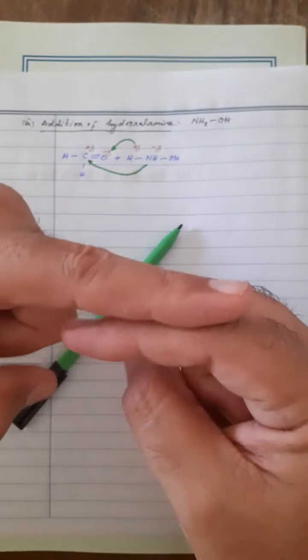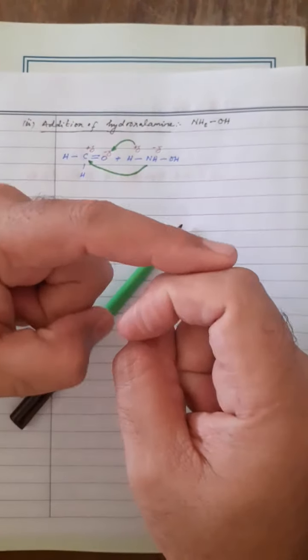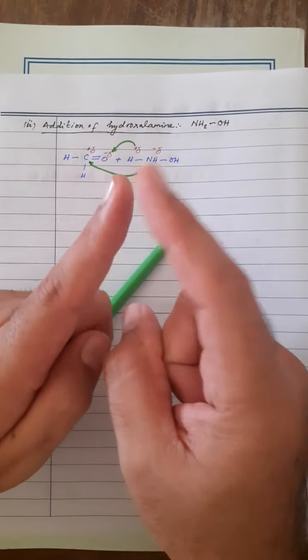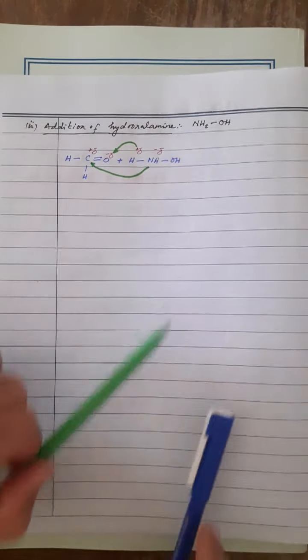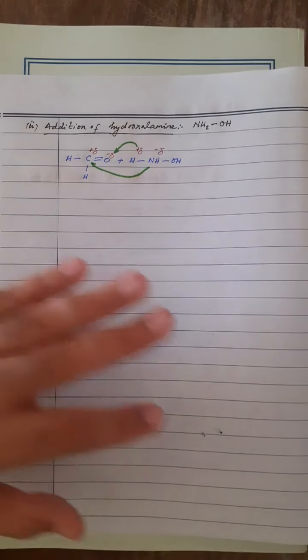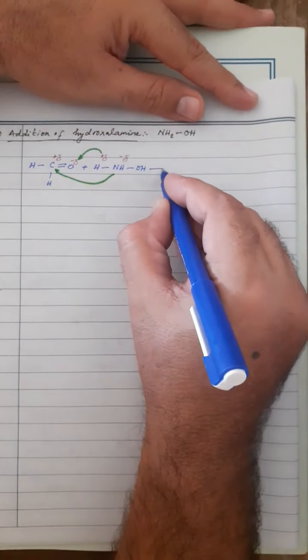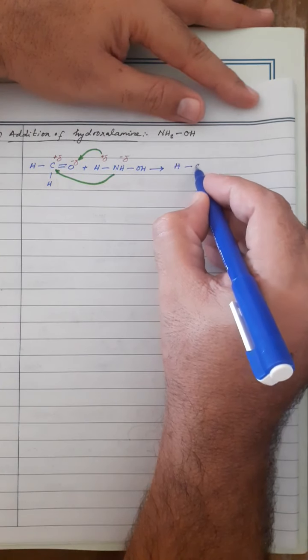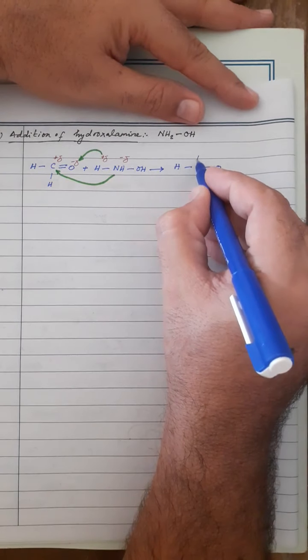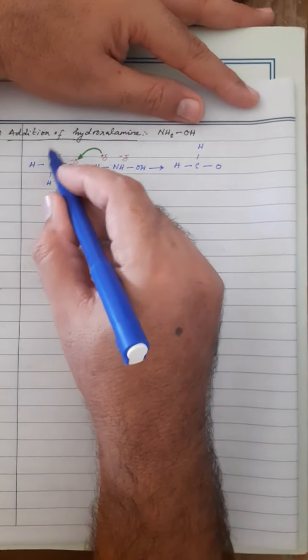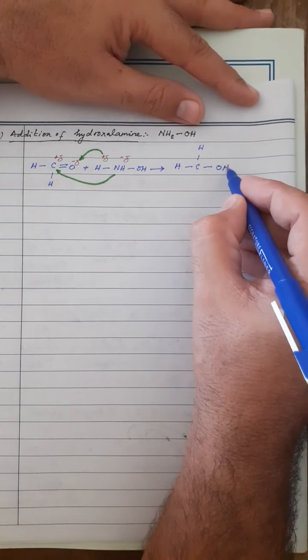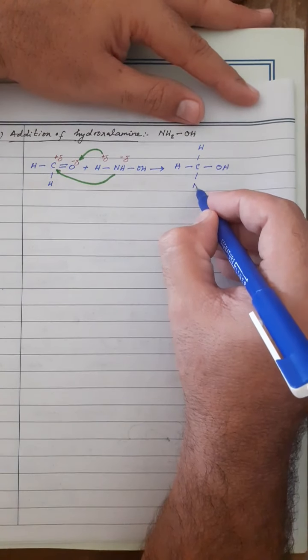So the double bond will actually open, and H will come to oxygen and NH will come to carbon. And if I can complete this equation, let's say HCO, and let me make this H here and this H here. So who came on oxygen? H. And who came on carbon? The NH.